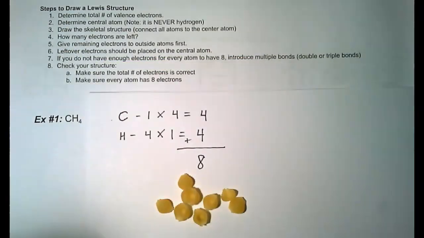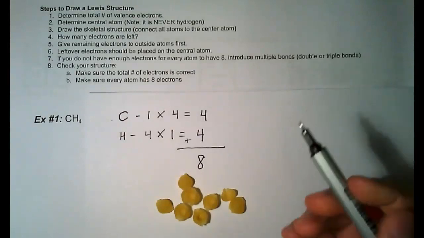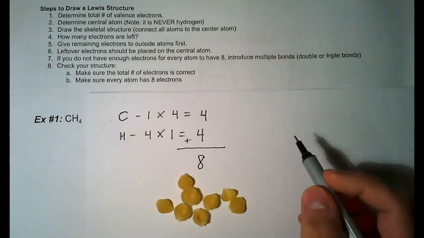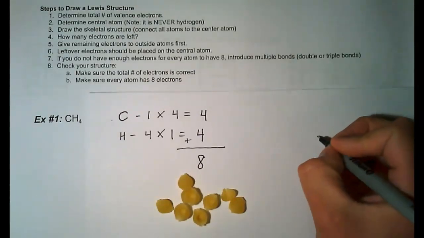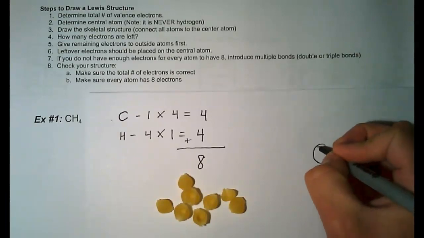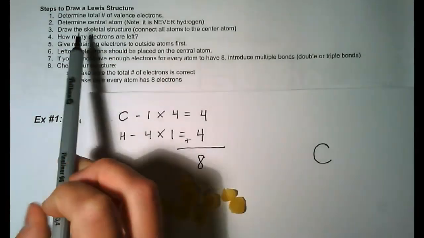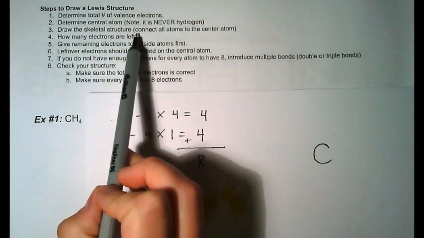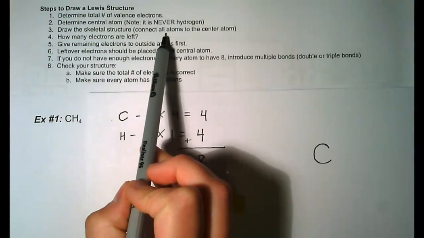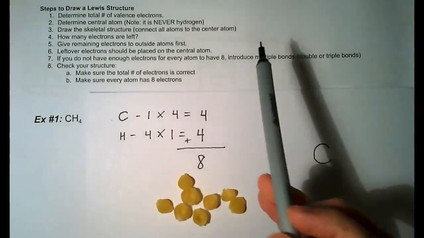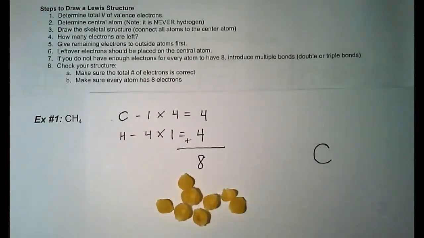So, in this structure, hydrogen's never the central atom, so my center atom is going to be carbon. And then my next step is to draw the skeletal structure, which means that I'm going to connect all of the atoms to the center atom using a bond. And a bond is made up of 2 electrons.